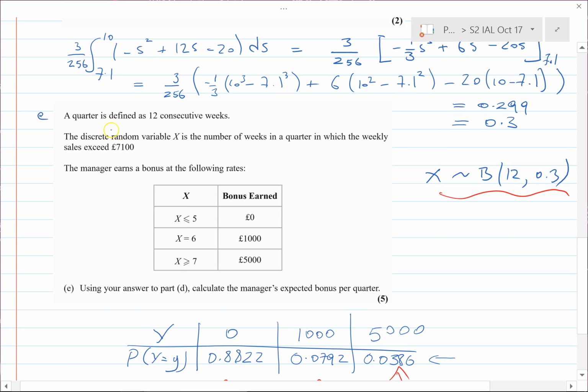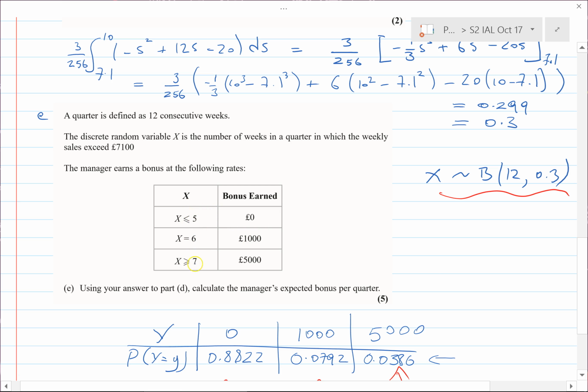It talked about a quarter is defined as 12 consecutive weeks. A discrete random variable X is the number of weeks in a quarter in which the weekly sales exceed 7,100. So we've got kind of a binomial. But what it wants is the probability.